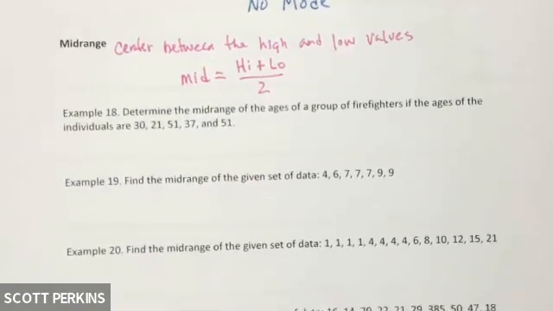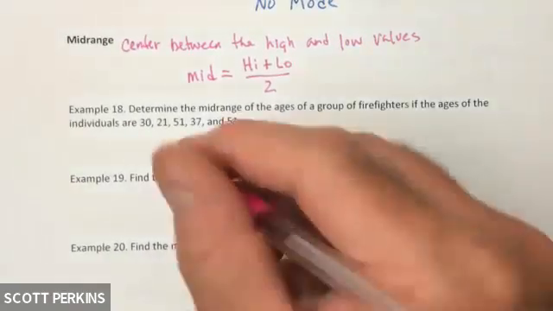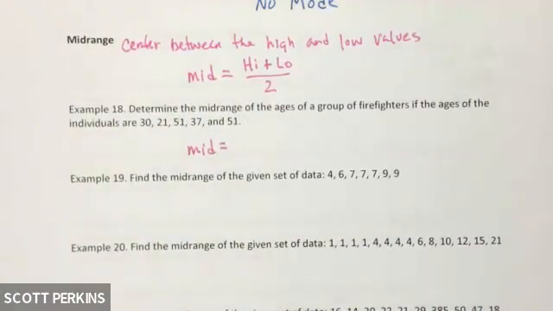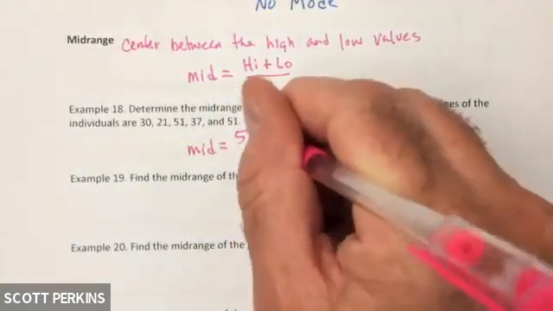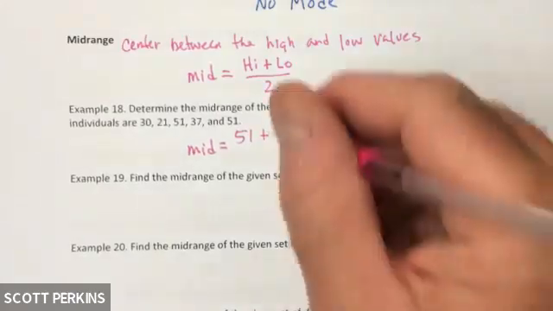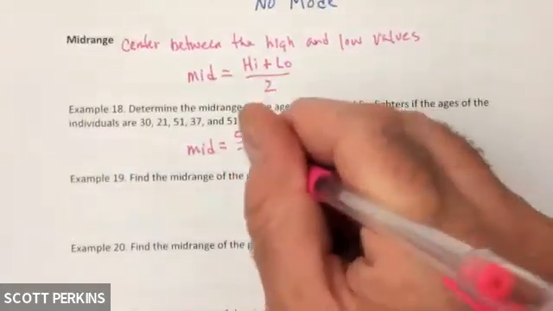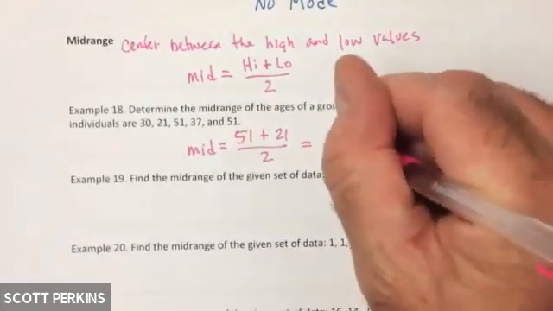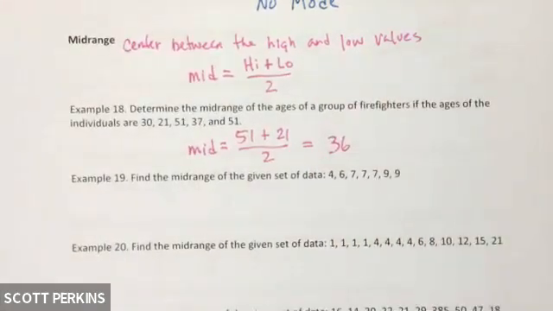What's the mid-range of the values? The mid-range here is the age of the oldest firefighter, which is 51, plus the age of the youngest firefighter, which is 21, and then we'll divide that by 2. That's 72 divided by 2, which is 36. So that would be the mid-range.